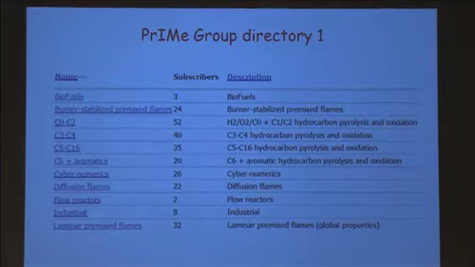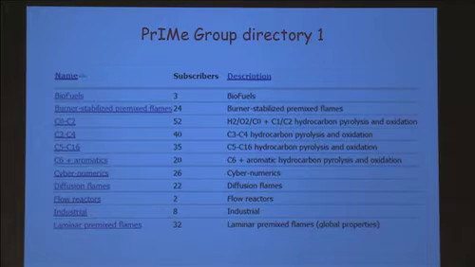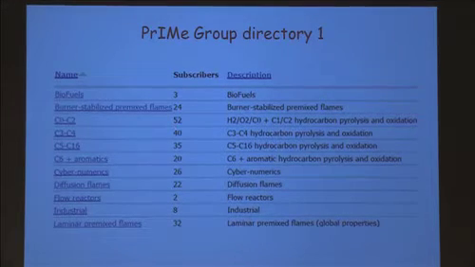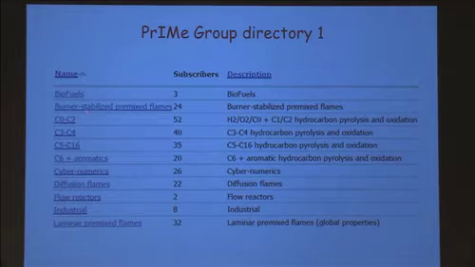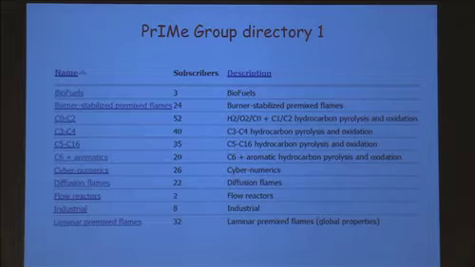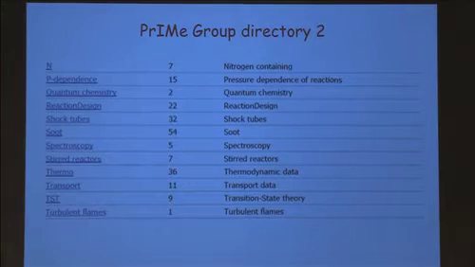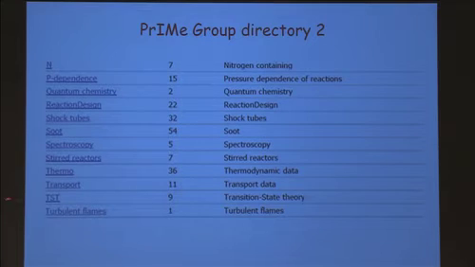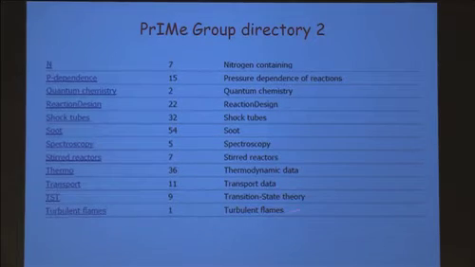And these are the number of subscribers in principle. I'm a subscriber to this particular area, but really it's fallen into disuse and isn't really an active group. Some others are active groups. And so it goes on. These are all the different areas. TST down here, transition state theory.